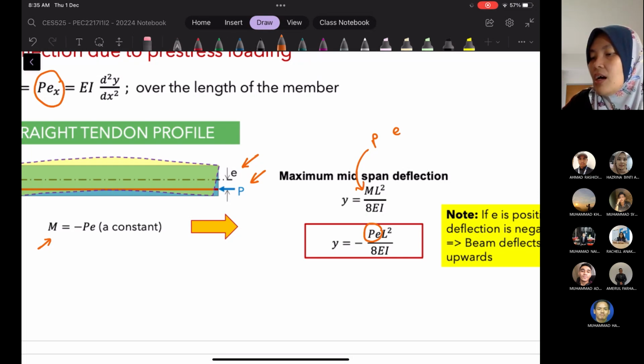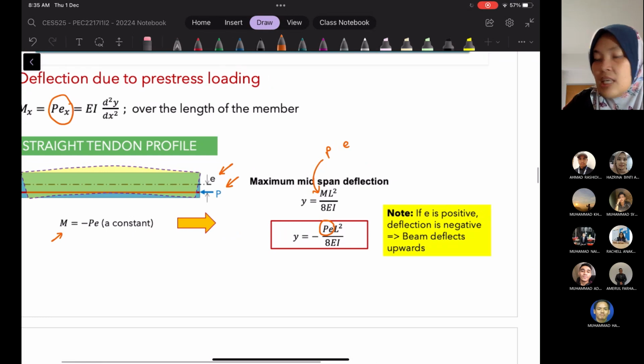And if the E value is positive, therefore the deflection that will be considered here is negative, right? Especially when we are talking about the beam that is subjected to the pre-stress force, and it is at transfer stage, right?